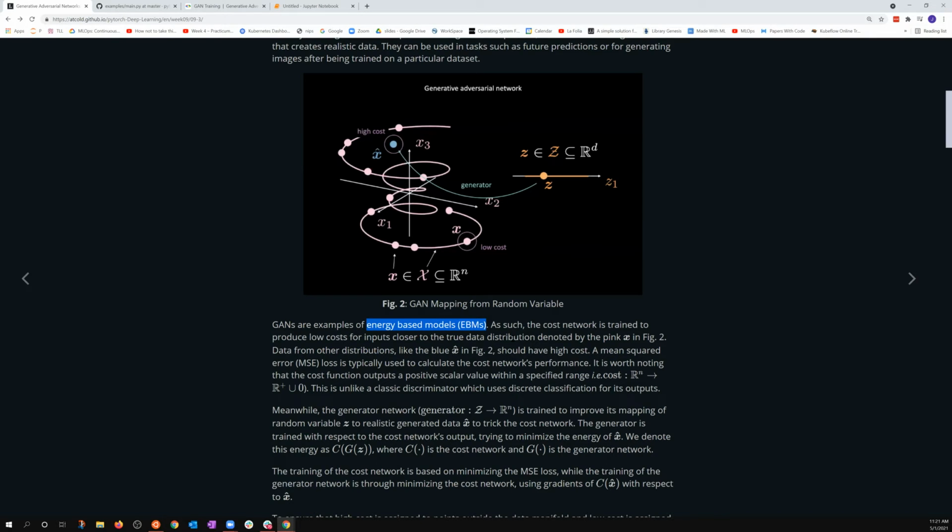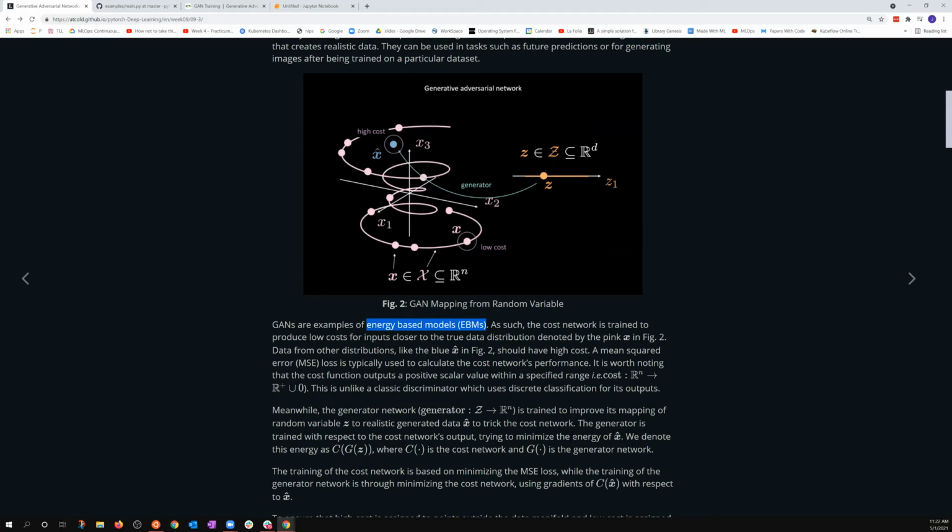Okay, but by the definition, that's how they are defined: during training you define what your energy function is, and then during inference you get the y by doing gradient descent on the energy function.